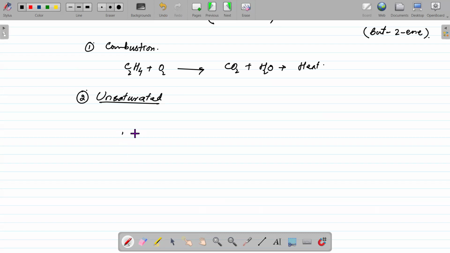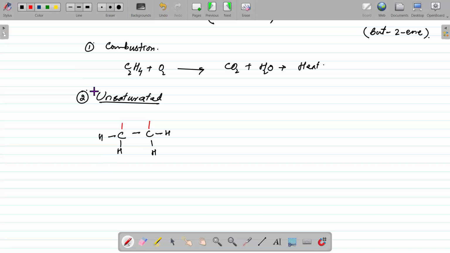Look at this. When we talk about this one, we can see if one of the double bond that is broken down, let's say, let's break this, you can see a vacancy can be created on each carbon atom after the breakdown of one of the bond. So that means all those compounds in which a vacancy can be created, they are known as unsaturated.